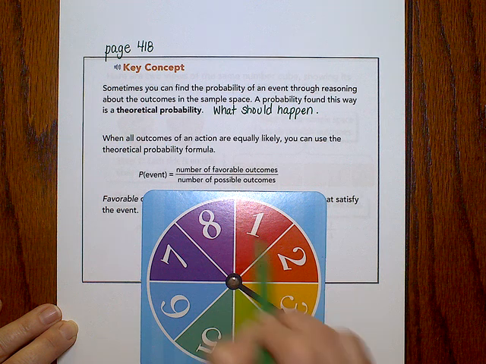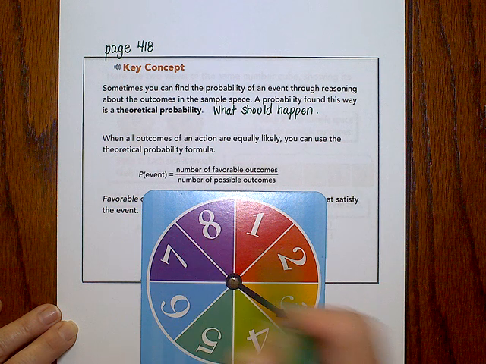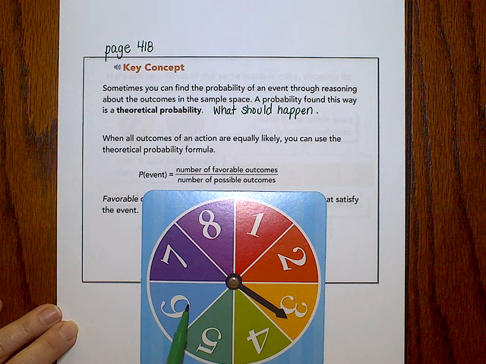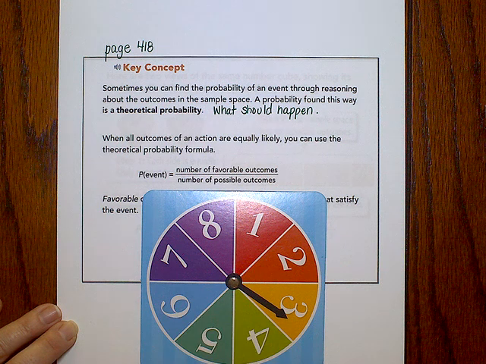So each part here is equally likely. And so if I were to ask what's the probability of landing on blue, our answer would be 1 out of 8. If I asked what's the probability of landing on an even number, well, 2, 4, 6, and 8, there's 4 out of 8, which would equal 1/2.